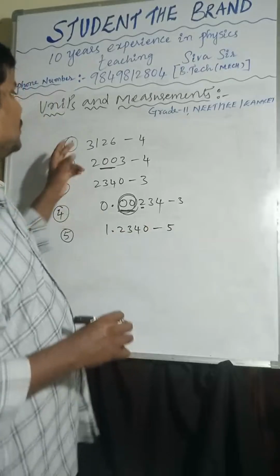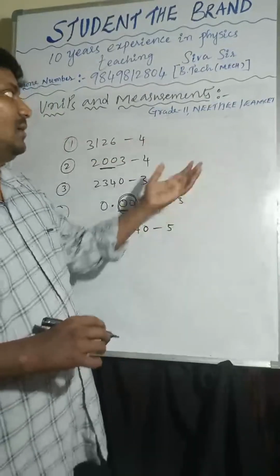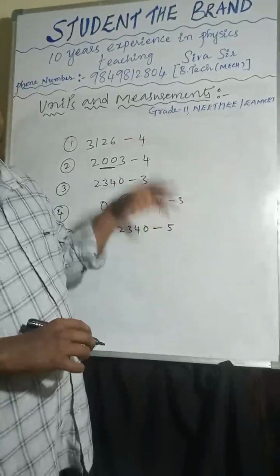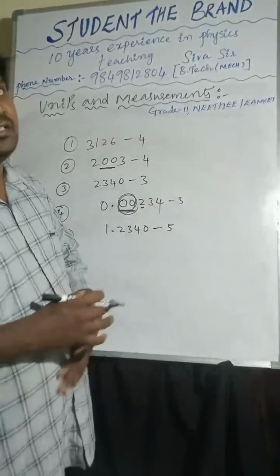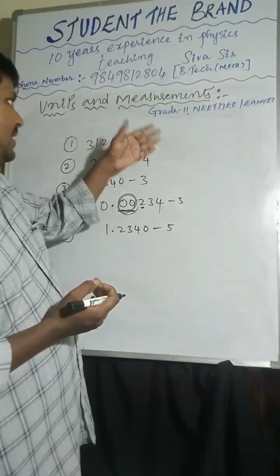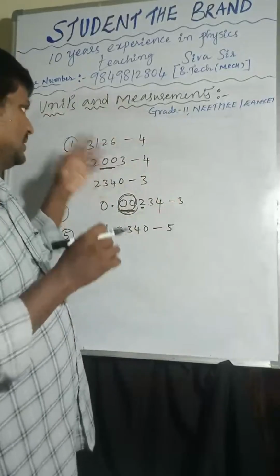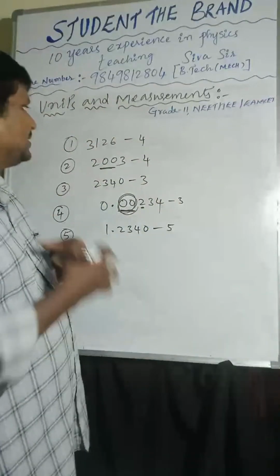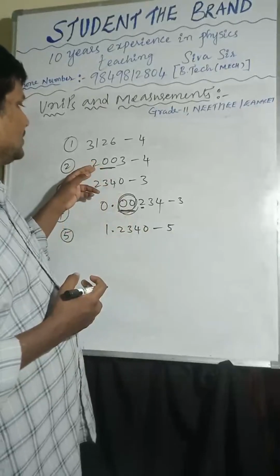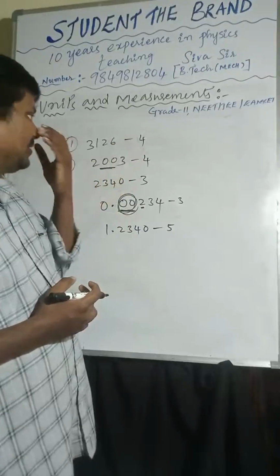Once again, significant figures are the sure value plus the next, doubtful digit. So those are called significant figures. Here, all non-zero digits are significant figures. And the second point is all zeros occurring between the non-zero digits are significant figures.